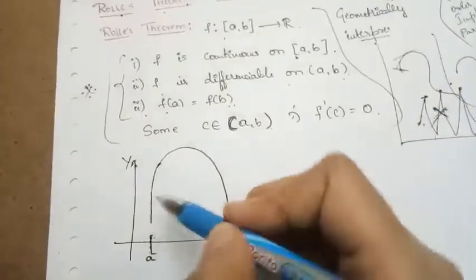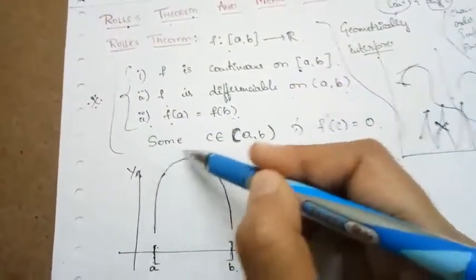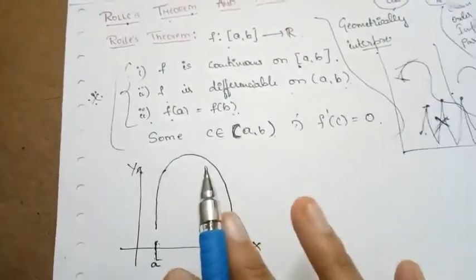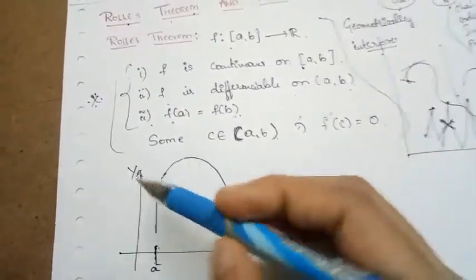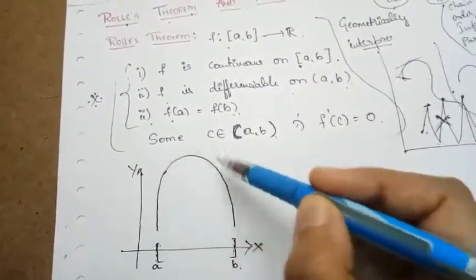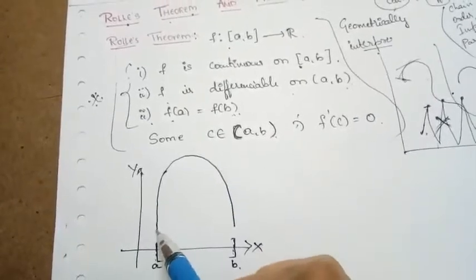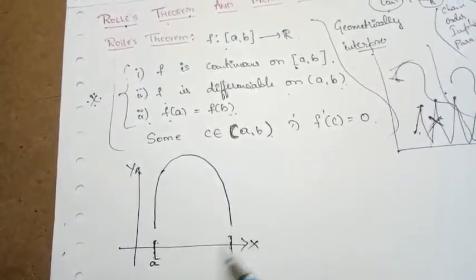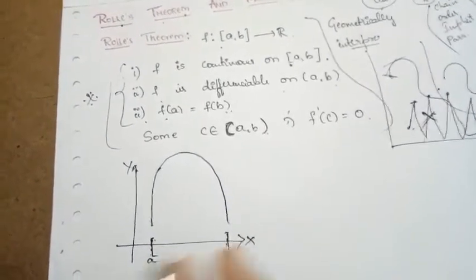You can see the function is continuous. I drew this curve without lifting my pen. So I can draw the tangent at any point of this curve except at the end points, that is, at the point A and at the point B I can't draw the tangent.